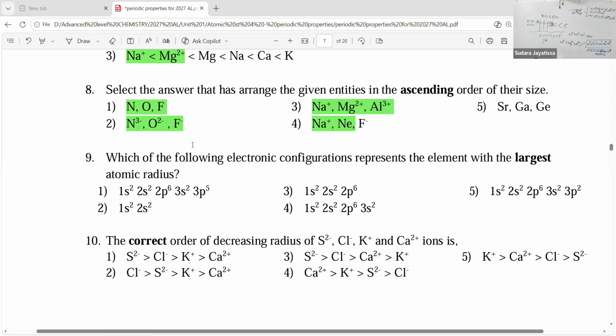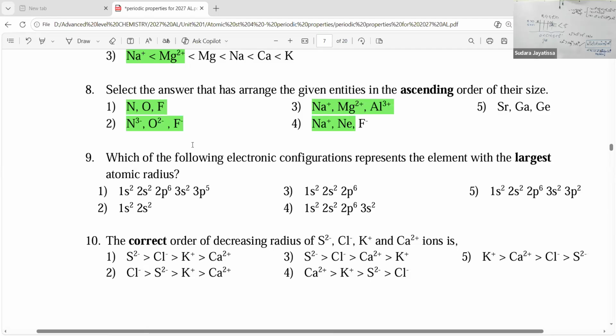Now silicon and magnesium both have 3 energy levels. But in silicon, more electrons are filled into the same energy level. You remember across the period radius decreases as nuclear charge steadily increases. So silicon has more nuclear charge than magnesium. That's why silicon is smaller.